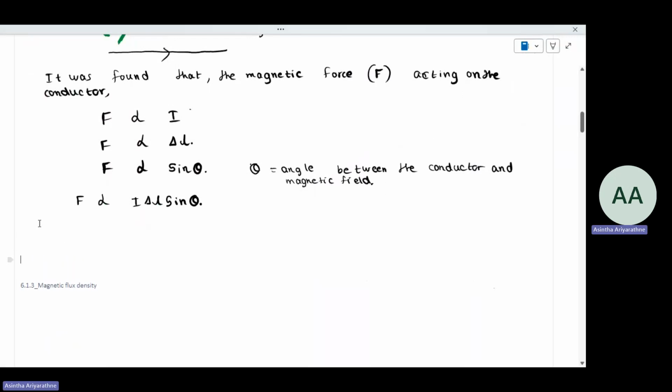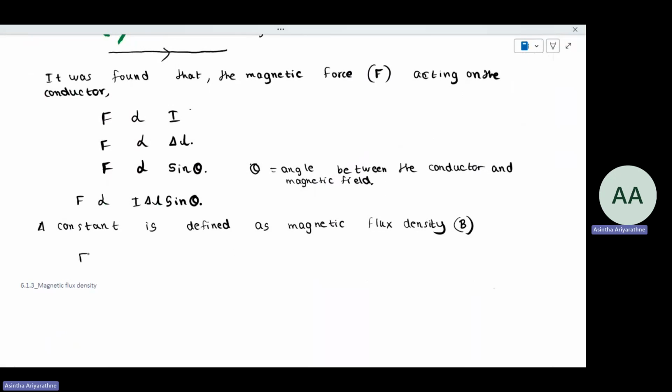So in order to get rid of the proportionality sign, a constant is defined, called the magnetic flux density, which is normally denoted by B.